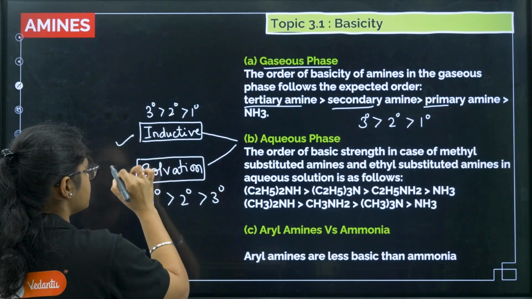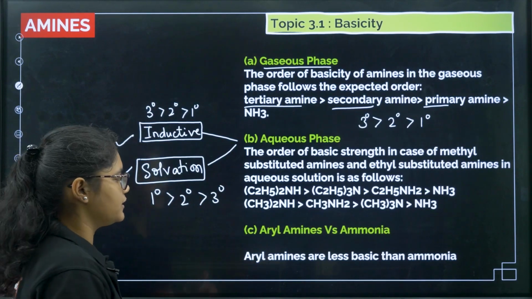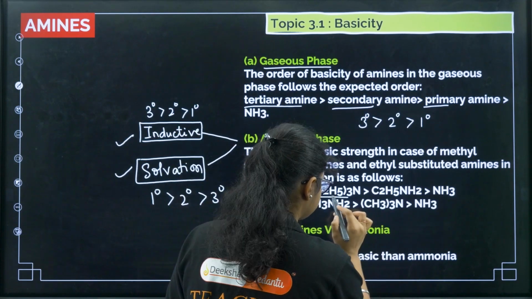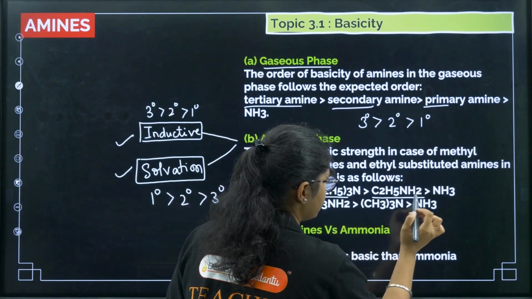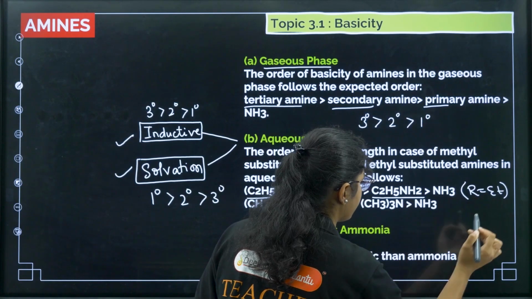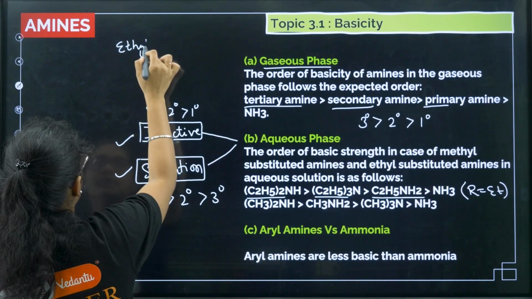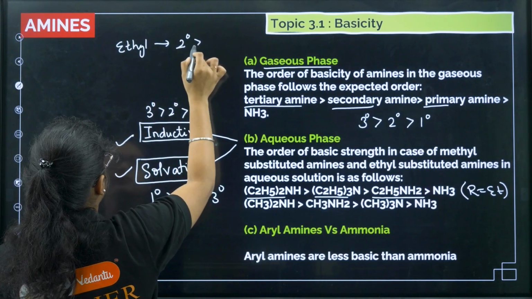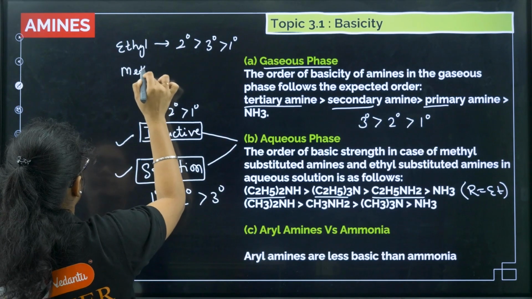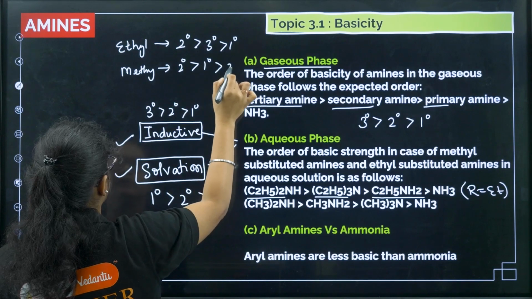Now when both effects combine, we get the order like this. If the R group is ethyl, the order is 2 degree, 3 degree, 1 degree. And if R is a methyl group, then we have 2 degree, 1 degree, and 3 degree.